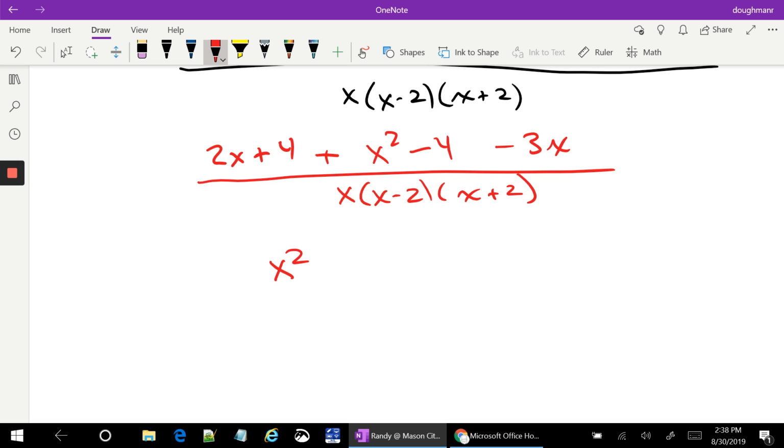Actually, it looks like I got an x squared, so that's gone. I got a negative 3x here and a positive 2x, so I'm going to make that minus 1x. And then it looks like I have a positive 4 and a negative 4, so they just go away.